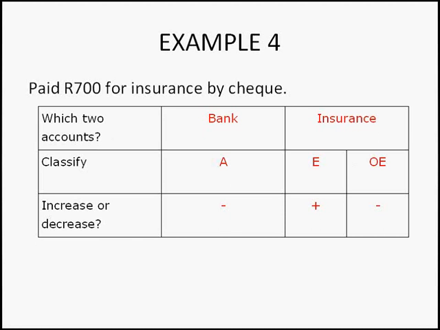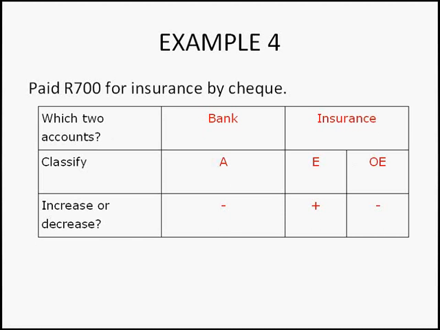It's important, though, to understand that both incomes and expenses can either increase or decrease. Let's think about this concept quickly. When I pay for the insurance, for example, 700 Rand, it means that it's an expense, and the expense itself increases. Because if I want to know how much I have spent on insurance, I keep a cumulative total.